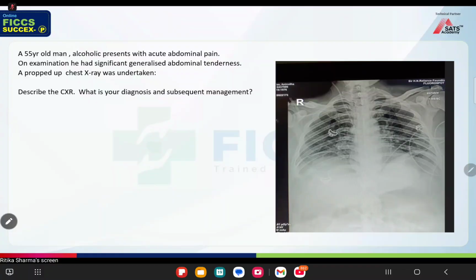There is no rotation also. On the diaphragm, on the right side, there is some air below the diaphragm. There is gas under the diaphragm. Could be due to perforation. My diagnosis just on that history and alcohol and tenderness is perforation peritonitis.